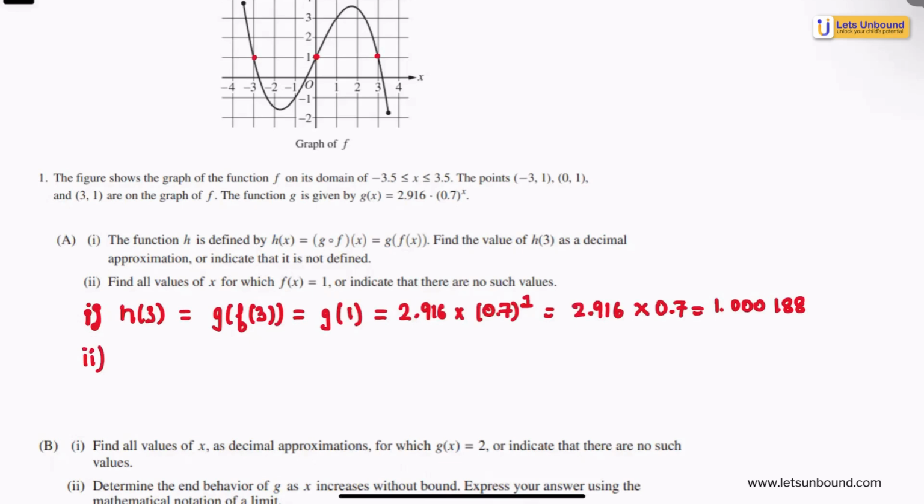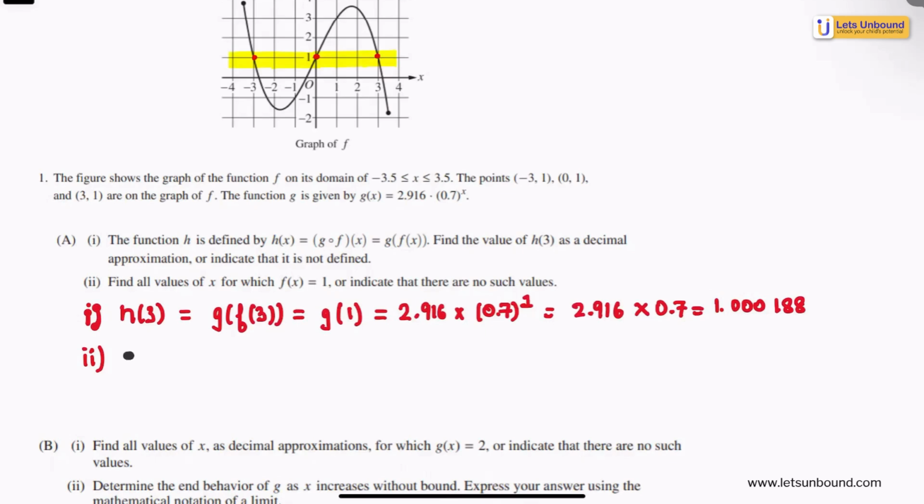For the second part, it says, can you find the values of x for which f of x is 1, or indicate that there are no such values? Looking at the graph of f, we can see that at y equal to 1, there are 3 values which cross the graph. The values are 3, 0 and negative 3.